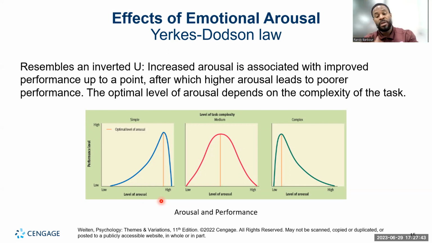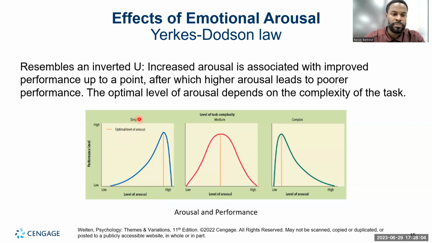So if we're playing baseball, right? And we're in the first inning, not much pressure. The arousal is not that high because we're in the first inning. It's not that high of an emotional arousal, right? So maybe we're here.